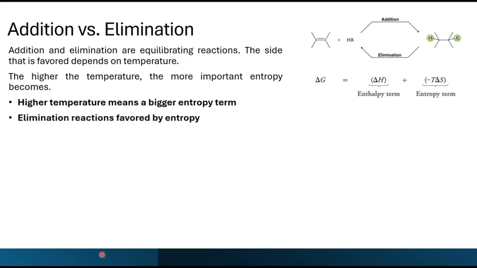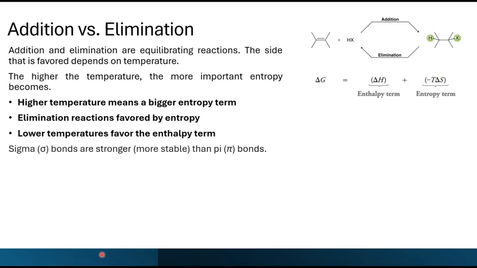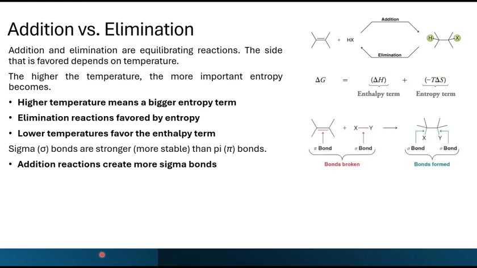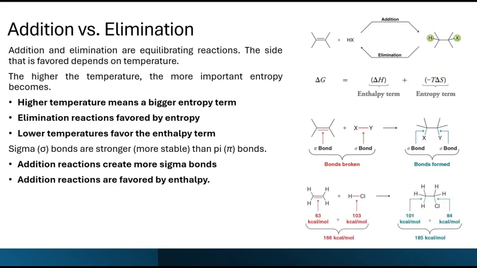Elimination then is going to be favored by entropy. Lower temperatures will favor the enthalpy term. Sigma bonds are stronger or more stable than pi bonds, and addition reactions will create more sigma bonds. Note that we lose a pi bond and create more sigma bonds whenever we have addition. Addition reactions are therefore favored by enthalpy.